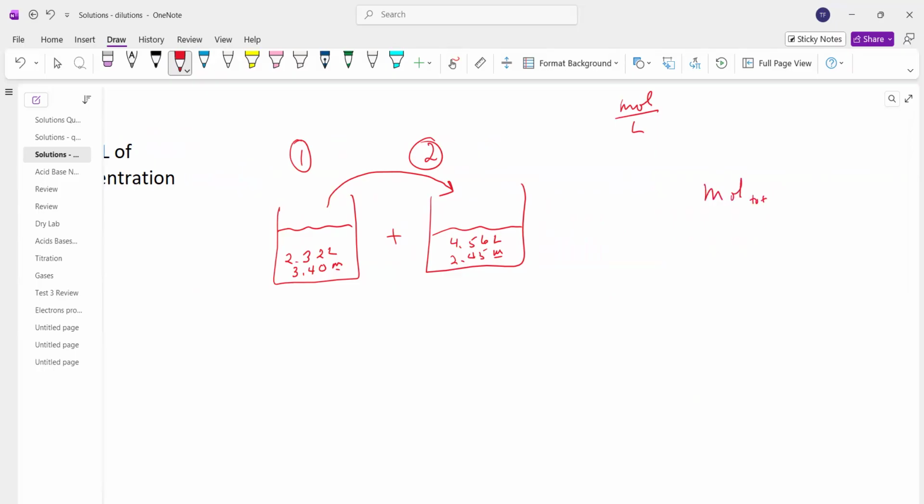So this is going to be total. We're having total moles, total volume. Okay, so what's the total volume? Well, we're going to add 2.32 to 4.56. Okay, so our total liters is going to be 6.88.